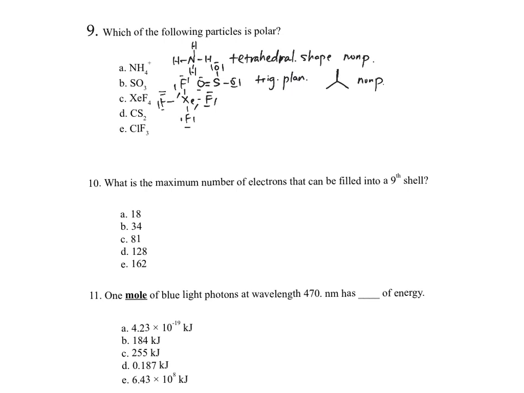And if you remember our summary of VSEPR, you know that this is square planar shape. Square planar would look like this, and with all equivalent bonds, each of the 2 opposite bond dipoles cancel each other, so this is nonpolar as well.